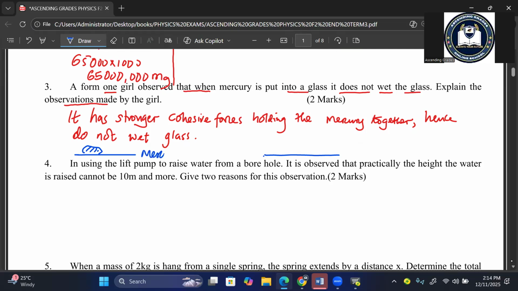This is mercury. And now we have the one for water. So the shaping of the water is because it has stronger adhesive force with the surface of the glass.